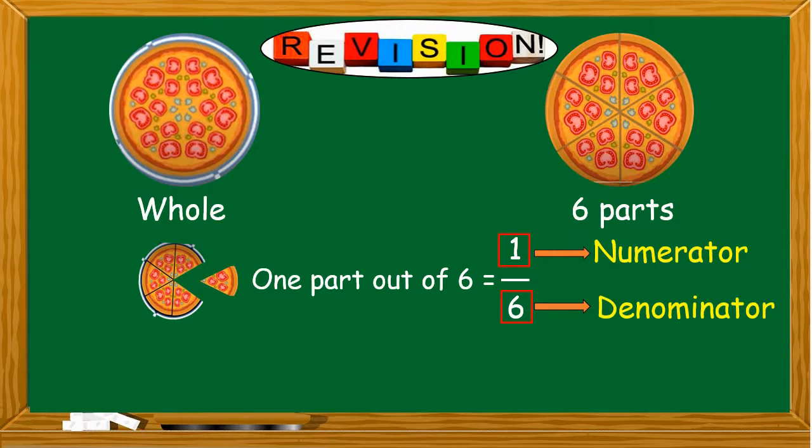The number written below the line is called the denominator and the number written above the line is called the numerator. Denominator tells us the total number of parts in a whole, and the numerator tells us how many parts are taken from the whole.